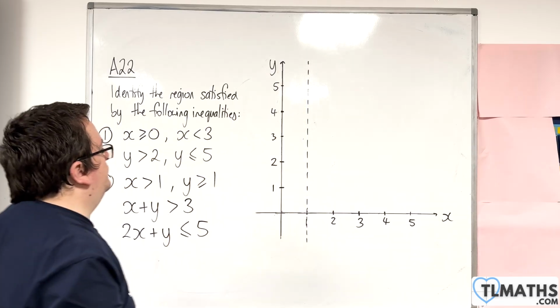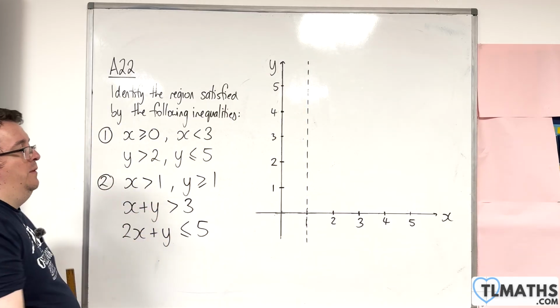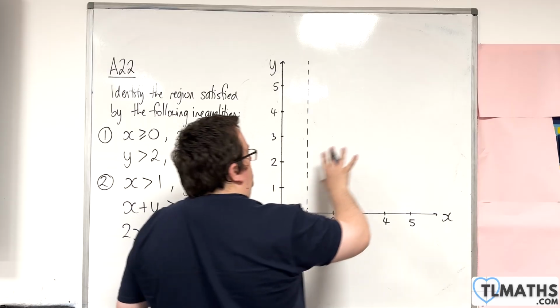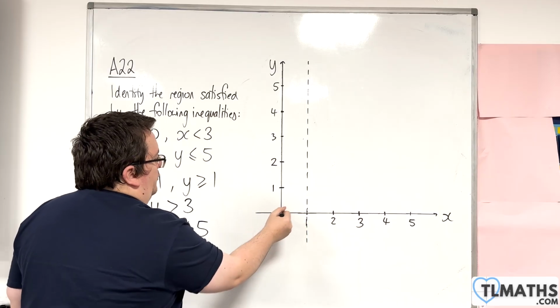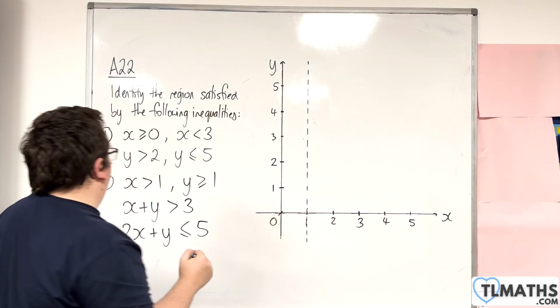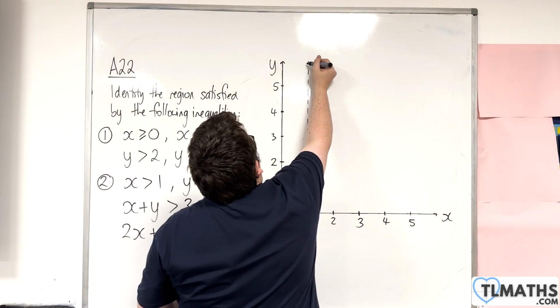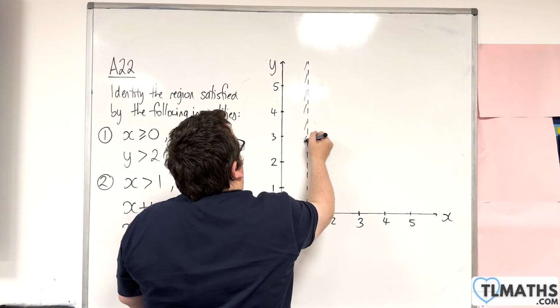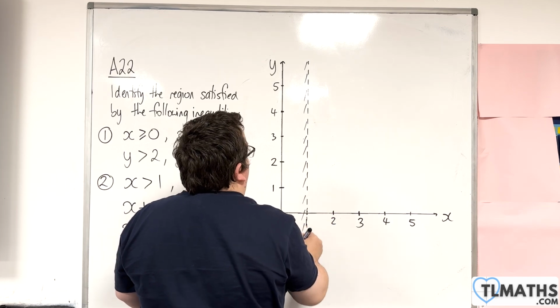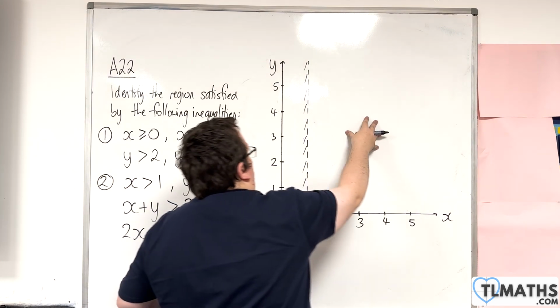Like so. And because we want greater than 1, we want the region to the right. Again, you can always check a value, so like 0, the origin. Is 0 greater than 1? No. So we want this region to be shaded, rather. That's the region we want to be shaded. This is the region we want.